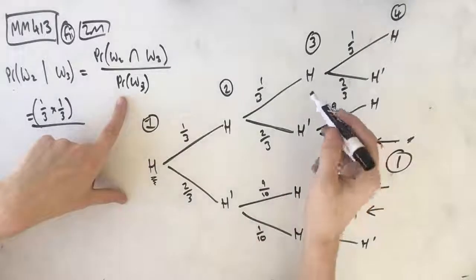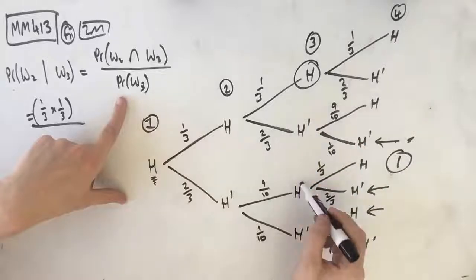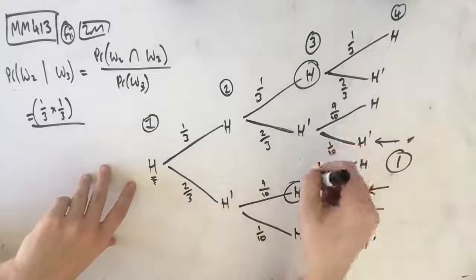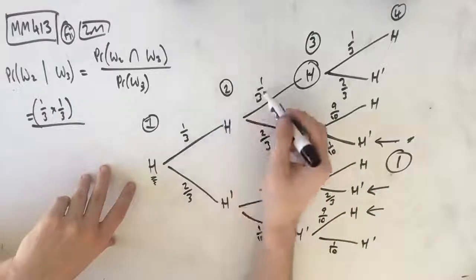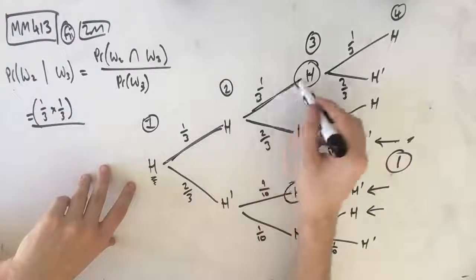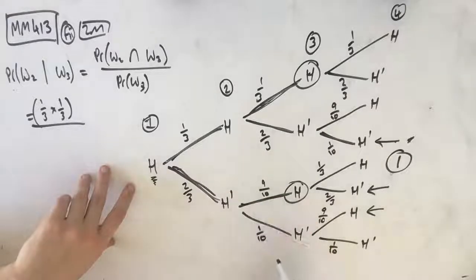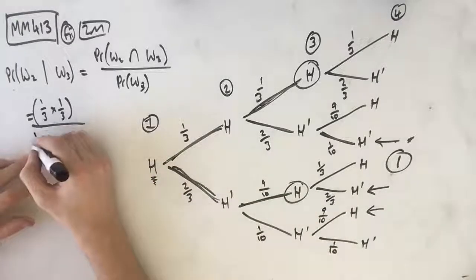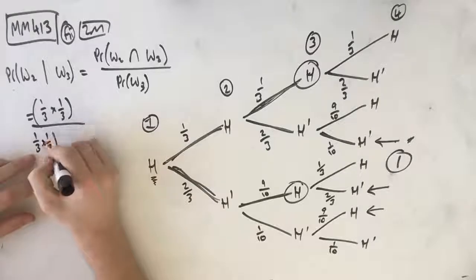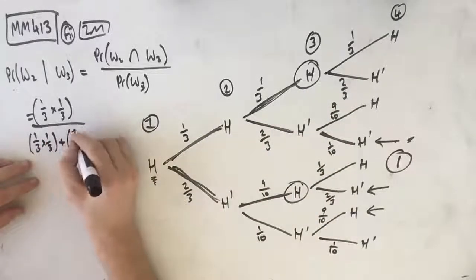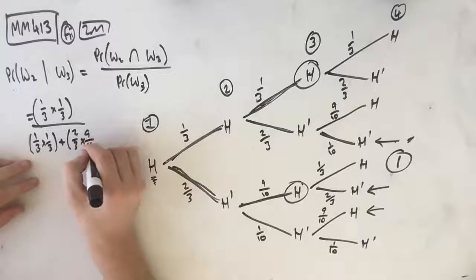Okay, so him extracting in week 3 is this and this. So what we have to do is get the total probability of him getting to this point, which is 1 on 3 times 1 in 3, so this branch to here, and then 2 in 3 times 9 in 10 here. Okay, so what we get is 1 in 3 times 1 in 3, which is this branch here, and then to get to this branch we add 2 in 3 times 9 in 10.